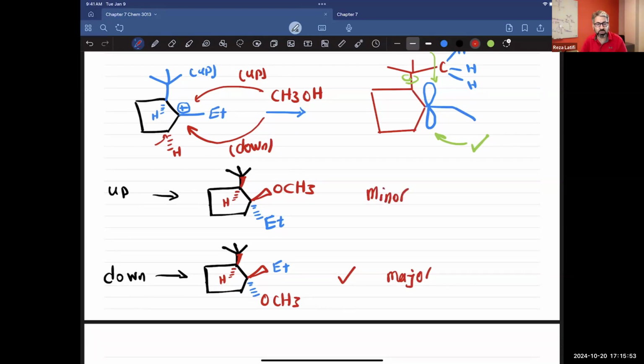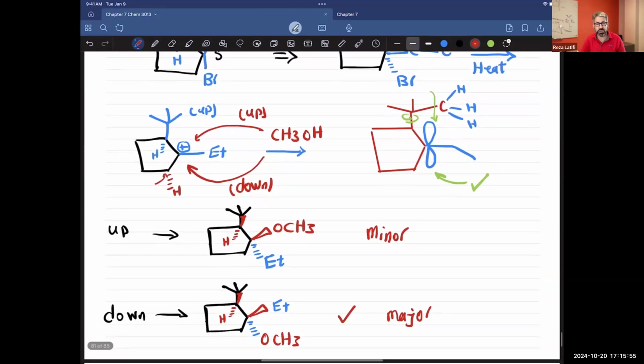Okay, and what was the reason behind it? The reason was we had a carbocation that on one side of that face had too much steric effect. So addition from the top was not favored, while addition from the bottom of the molecule will feel less steric effect. Remember, at the bottom you have only hydrogen.